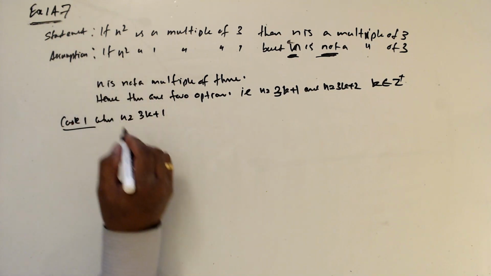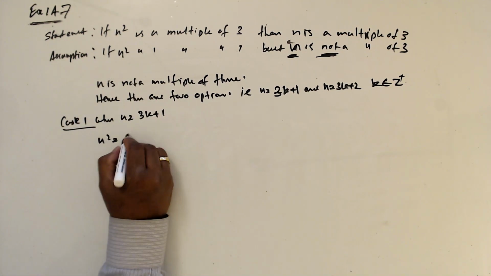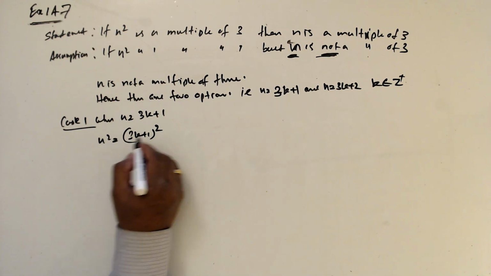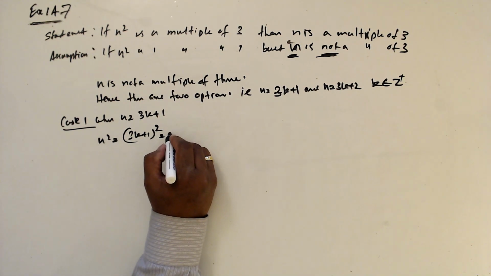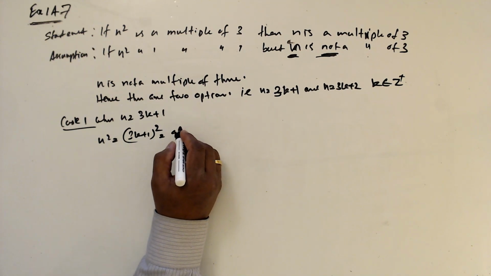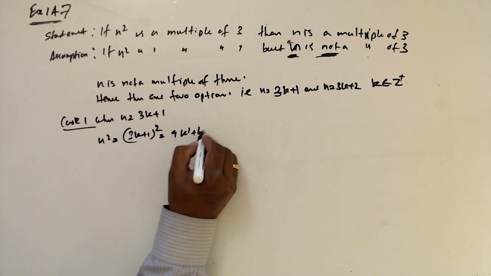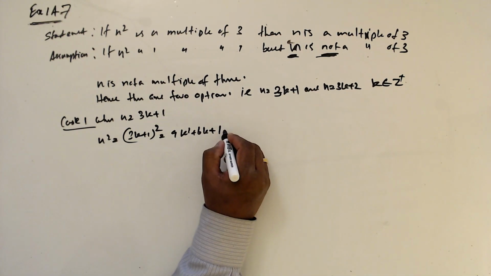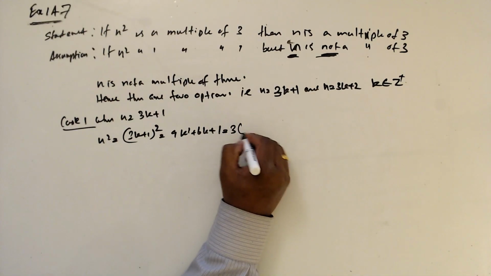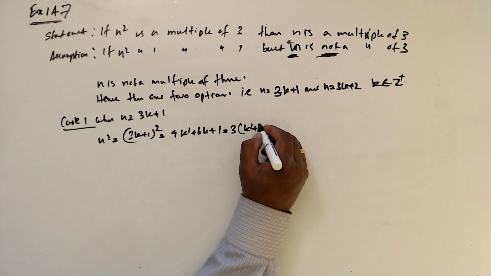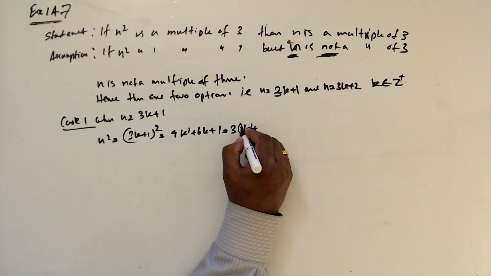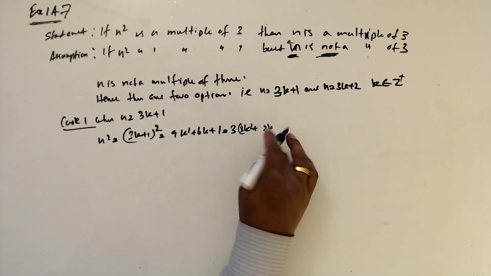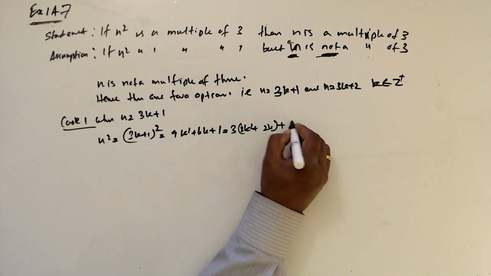So we'll find n square. n square is (3k plus 1) square, so this is going to be 9k square plus 6k plus 1. Then when I factorize, this is going to be 3 times (3k square plus 2k), then plus 1.